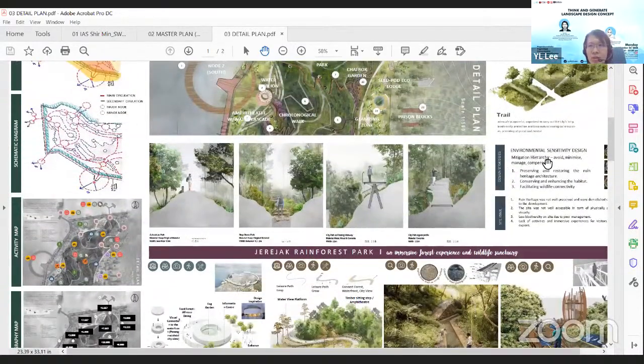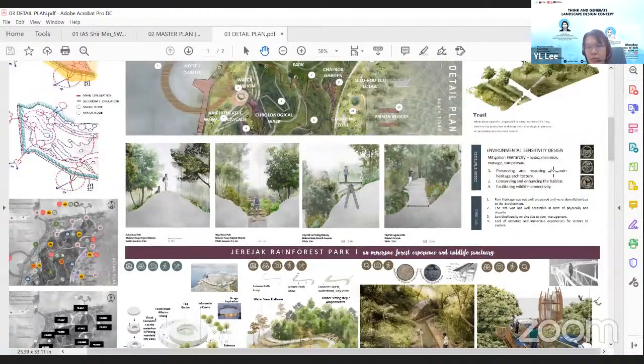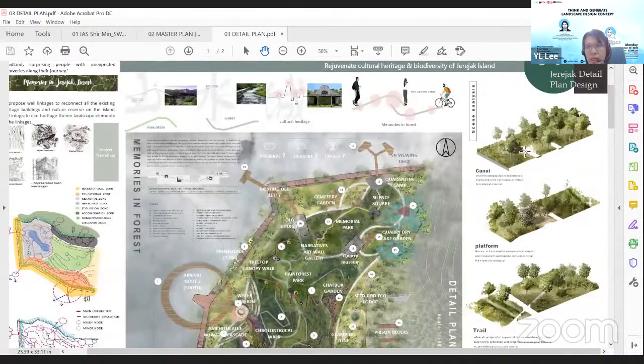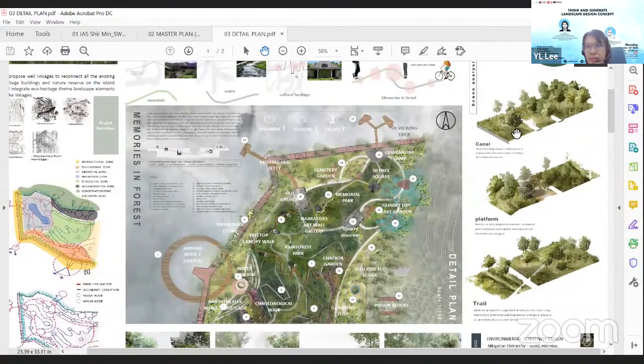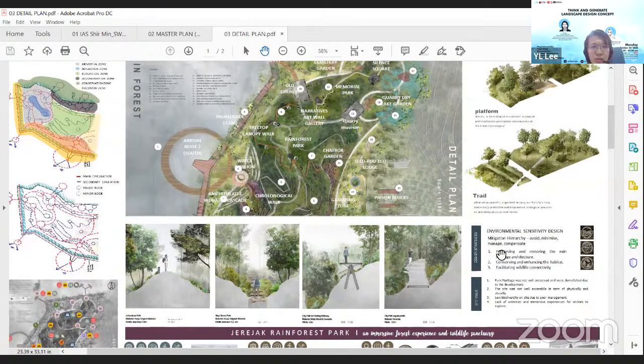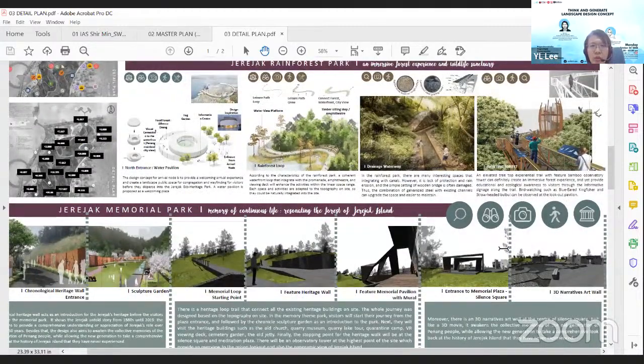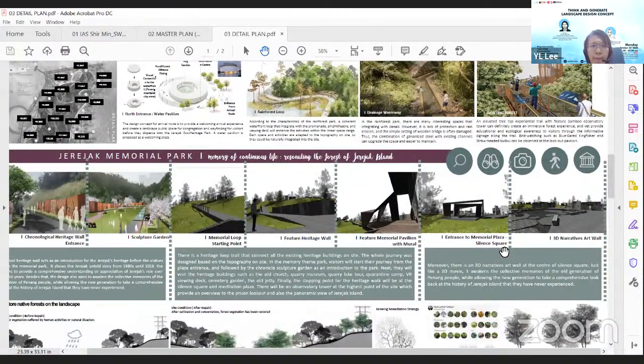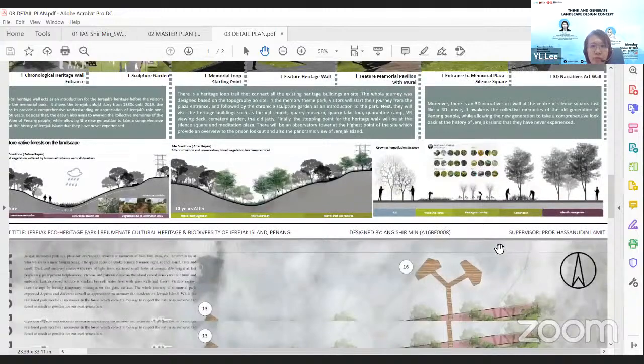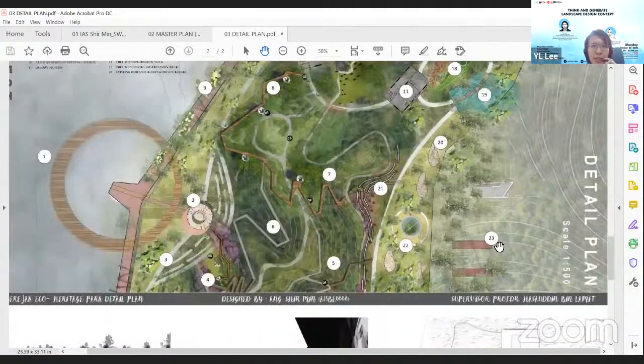As I said just now, put in something that can help you, like a bonus. You have a strategy. How do you implement it, like on the canal design, the platform and trails? How do you put the design strategy in your design? So this is basically the detail area design, just focusing on one zone only, with the detail plans.